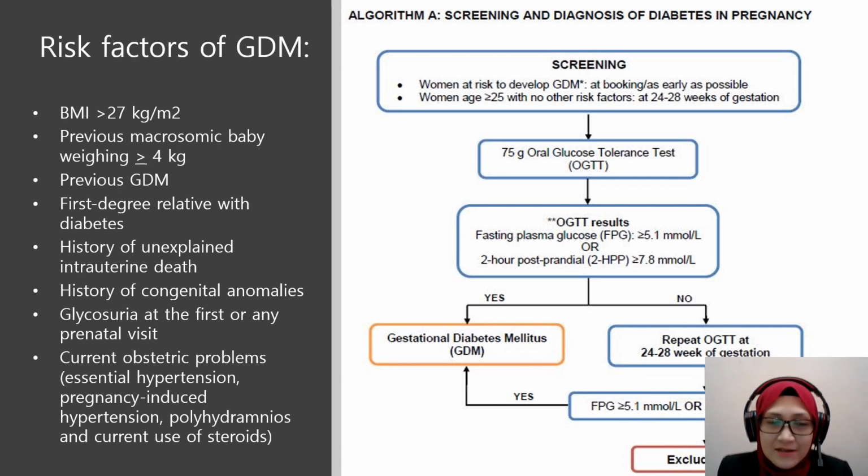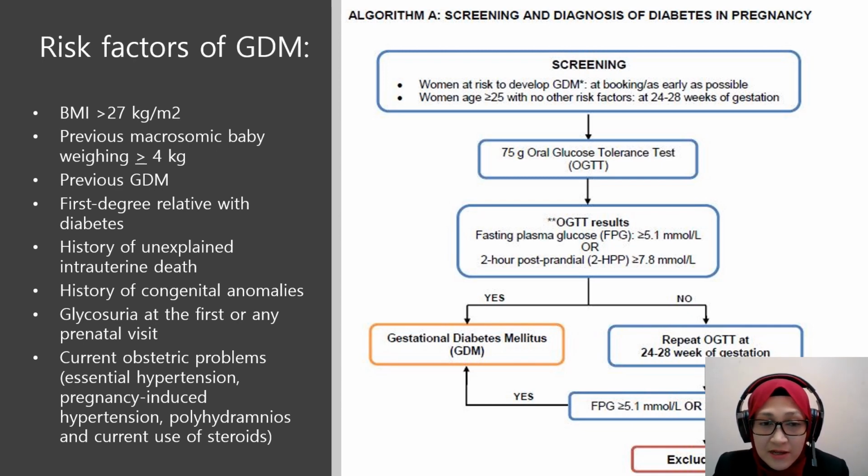So in a previous pregnancy she got a big baby, or she already had GDM before, or a first degree relative with diabetes, for example, a family history of mother and father having diabetes, or a history of unexplained intrauterine death. So there is a case of stillbirth. Stillbirth is when they deliver a baby, but the baby has already died, and also miscarriage. So the baby died in the womb.